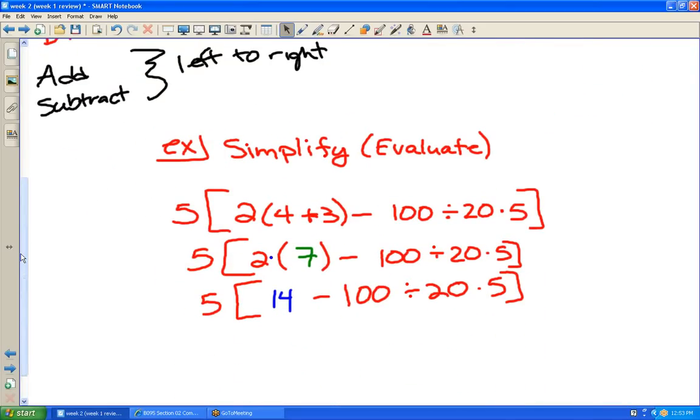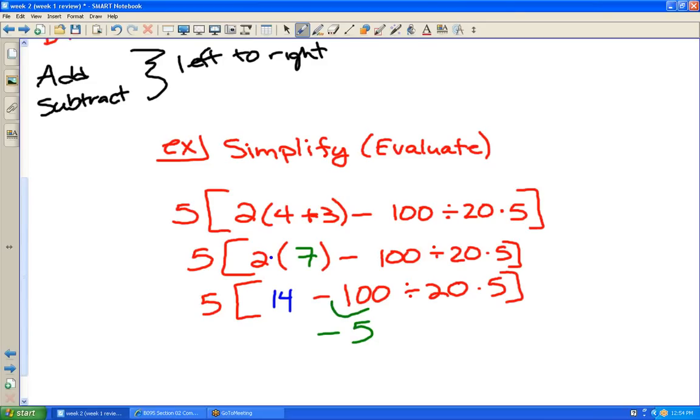Awesome. So then I go to the multiplying and dividing, literally whatever I hit first. So 14, no multiplication or division. Negative 100 divided by 20. I stop right there because I see divided. So a negative divided by a positive is a negative. So this becomes negative. 100 divided by 20 is 5.